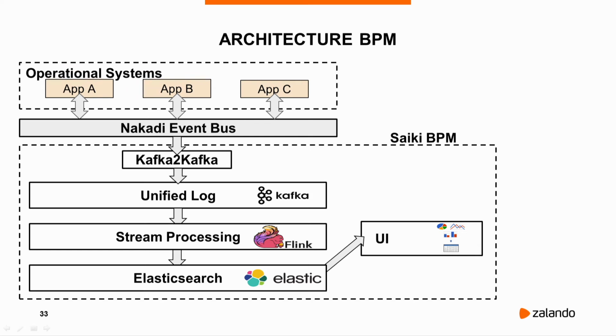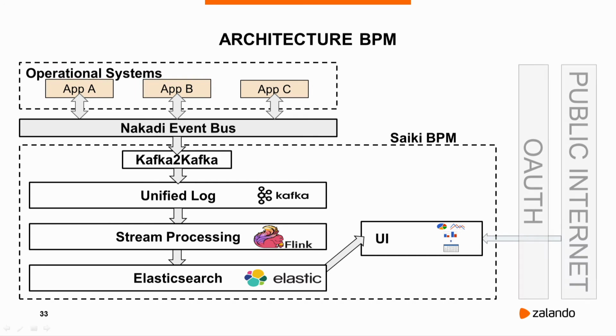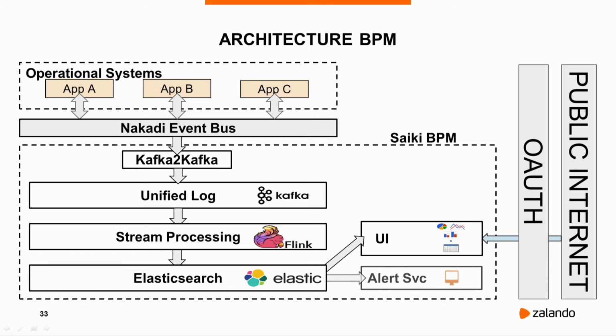We first started using Kibana, but as our requirements kept growing, we decided to go with a specialized solution of our own. The UI is accessible via public internet, via OAuth. And we also have an alert service.